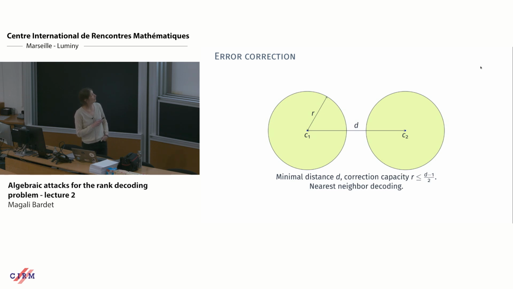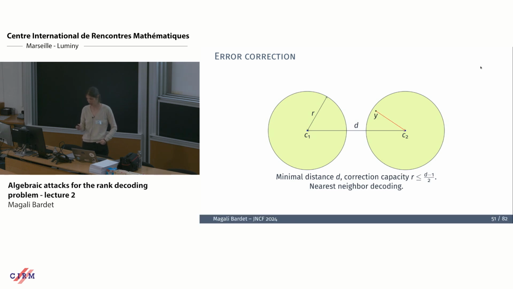If we know the minimal distance and we look at a ball of radius r that is less than (d minus 1) over 2, then it's clear that two different balls do not intersect. And if you have a point in the ambient space that is at distance less than r from the code, then you can recover the only code word that is the closest to this point. And this is the idea of error correction.